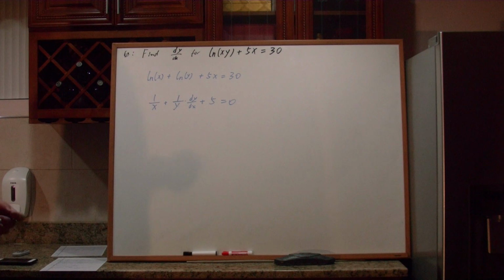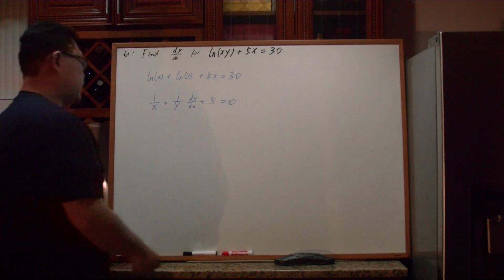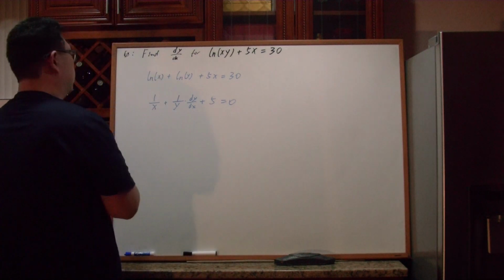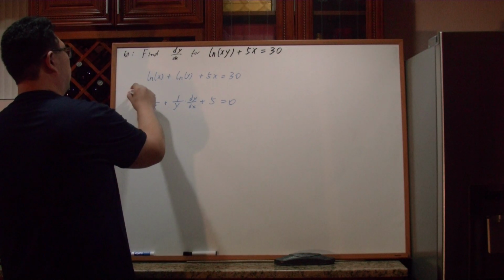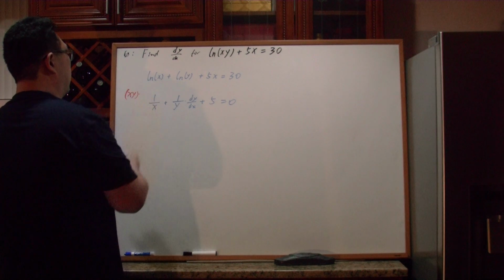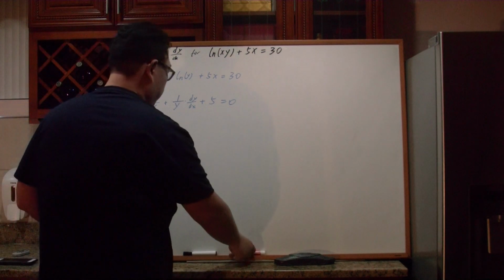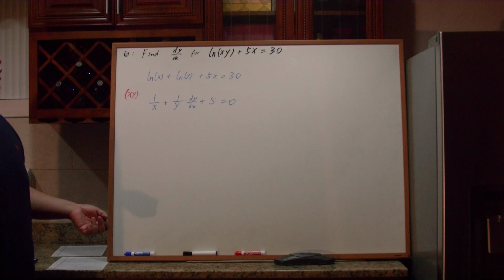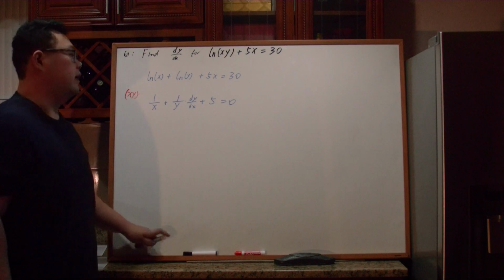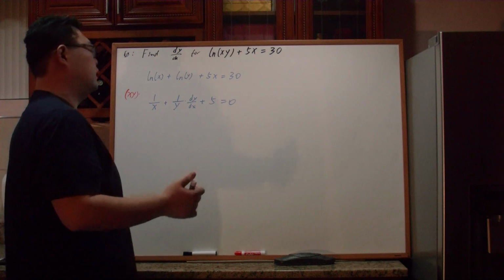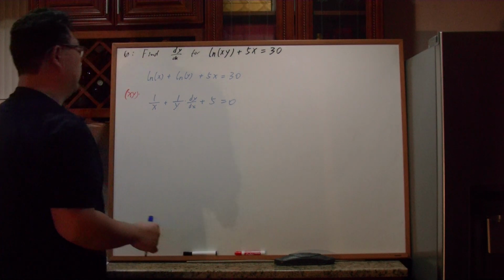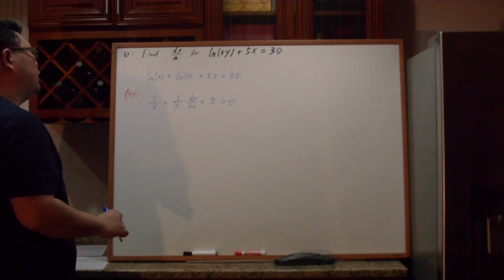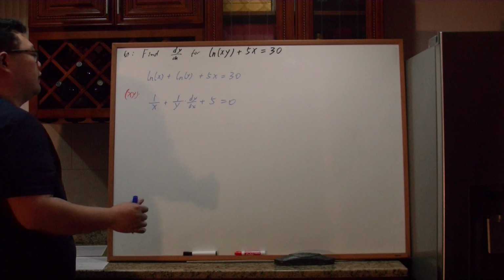Since we have x and y in the denominator, what we can do is multiply the entire equation by xy. That is appropriate. We do not want the denominator involved. We multiply by the least common multiple of the denominators.